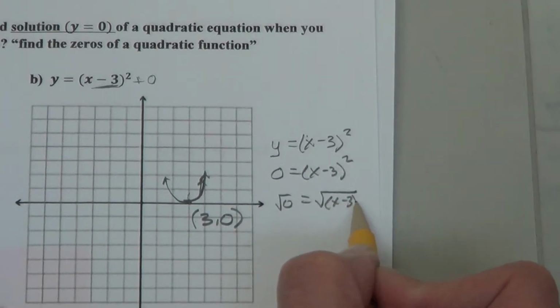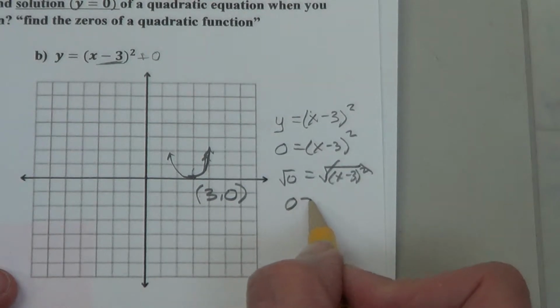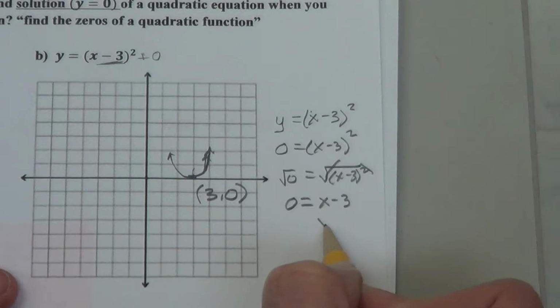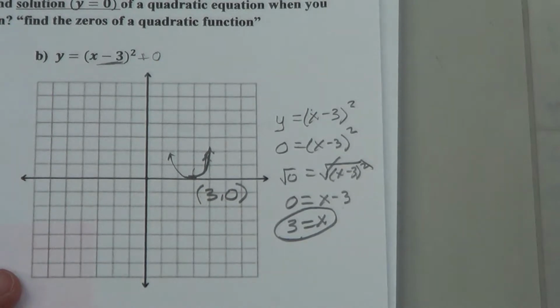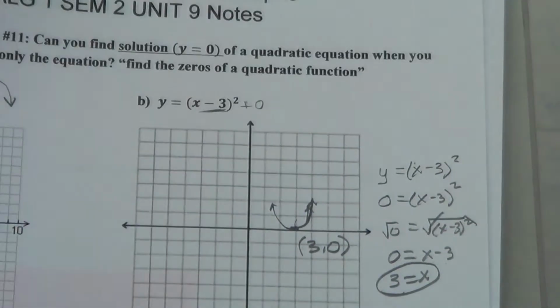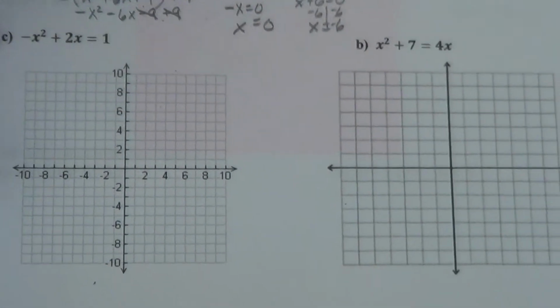The square root of x minus 3 squared wipes out, and the square root of 0 is 0, so x minus 3 equals 0. Add 3 to get rid of it there, and we find that x equals 3. That's the same answer as we get graphically. It's always nice when it works out. Both the same thing. Okay, next problem.